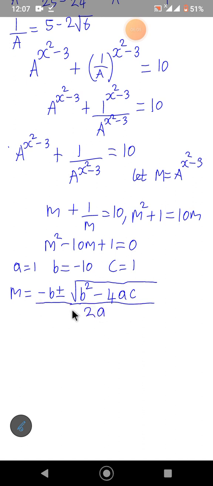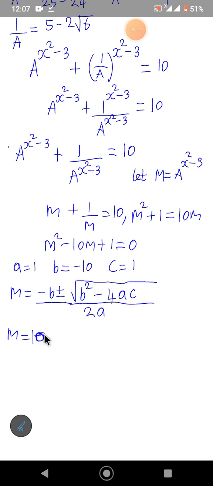So this is my quadratic formula. Then I will say m will be equal to minus b, which is minus 10. So minus times minus, that's plus. So here will become 10.